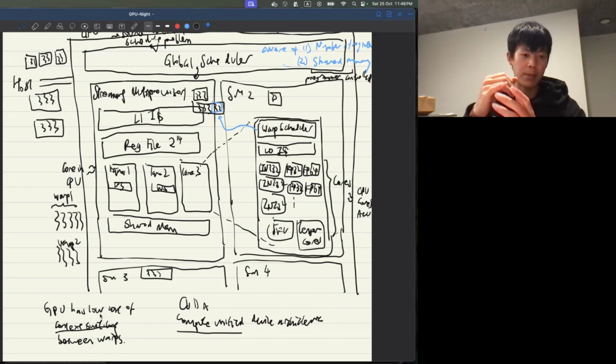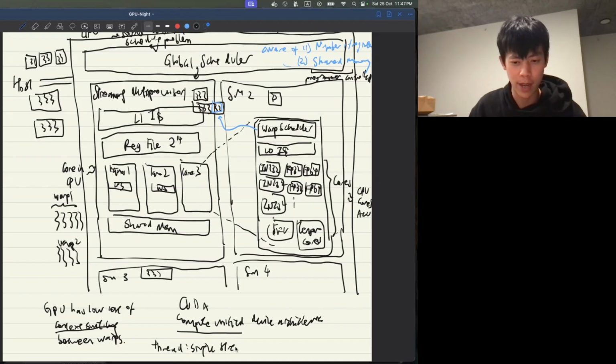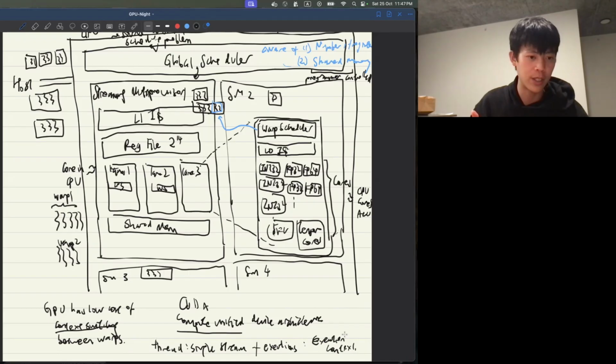Only one thread can be resident on a core at once. Resident meaning, okay, let me just write it down. A thread is a single stream of execution, meaning it's just executing instructions after instructions. It has some execution context. Execution context is like the state that you need to execute instructions.